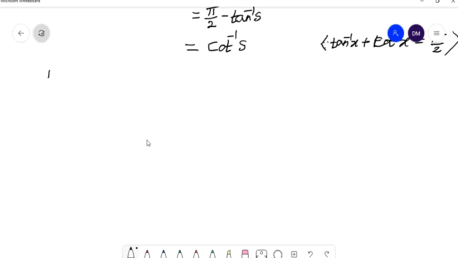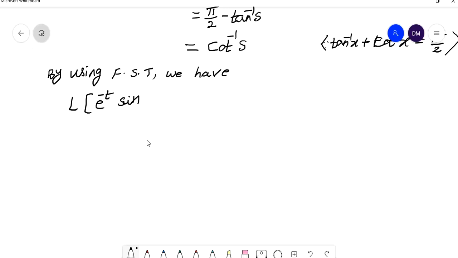By using the first shifting theorem, L of e power minus t into sin t by t is equal to L of sin t by t first, then we change s to s plus 1.